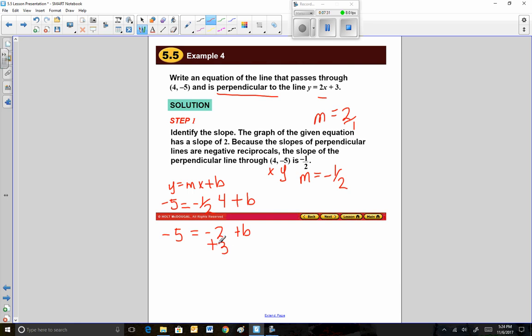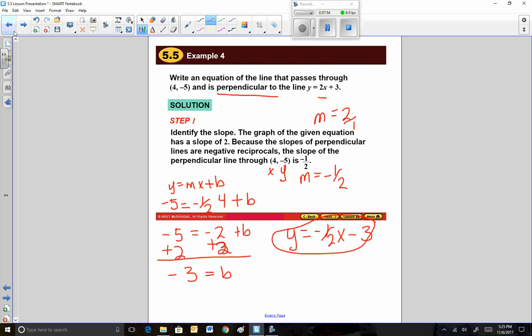Add 2 to both sides. So we get -3 equals b. So we have y equals -1/2 x minus 3. Here is an equation of the line that goes through this point with this slope perpendicular to this line.